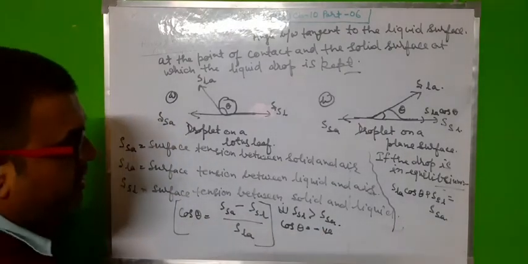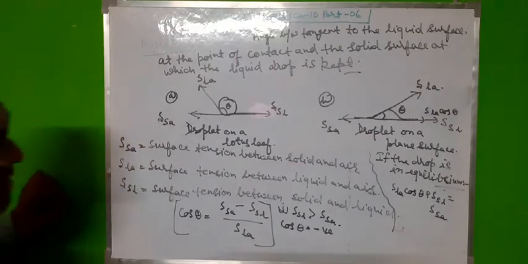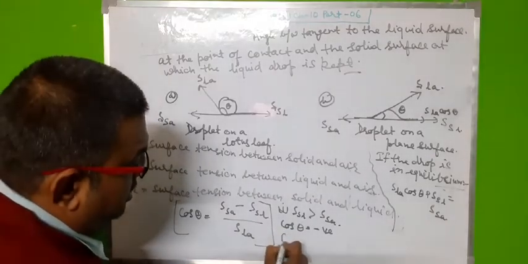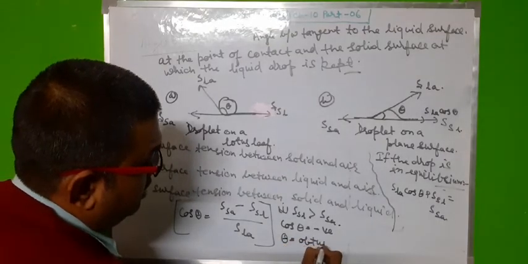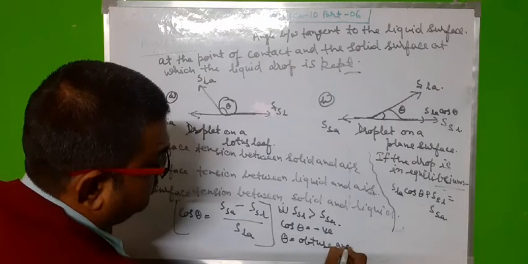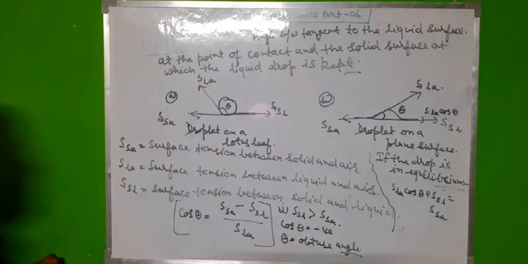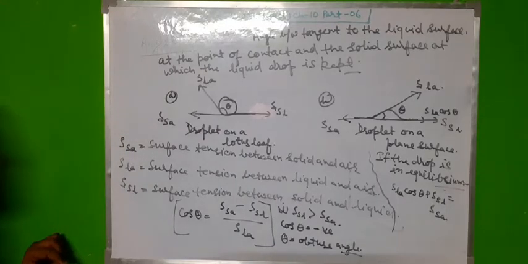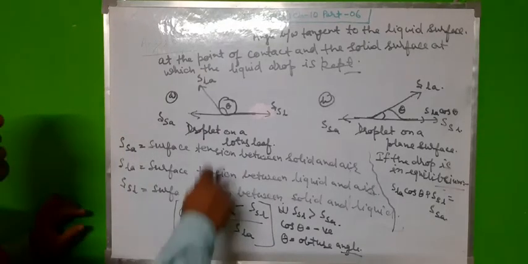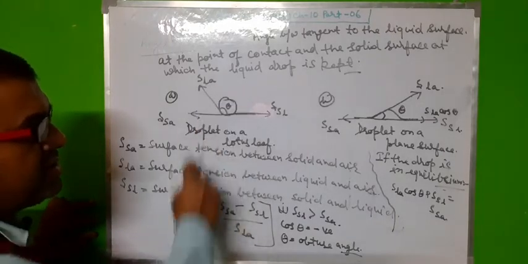If cos theta is negative, then theta is an obtuse angle. And if theta is an obtuse angle, then the shape is circular.